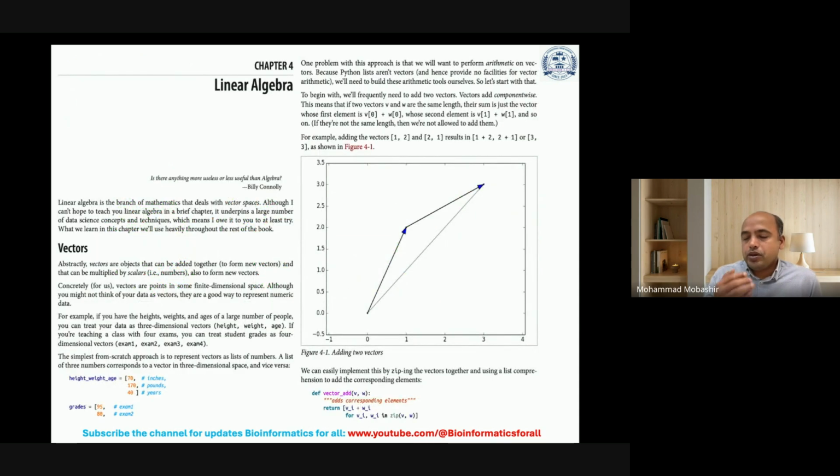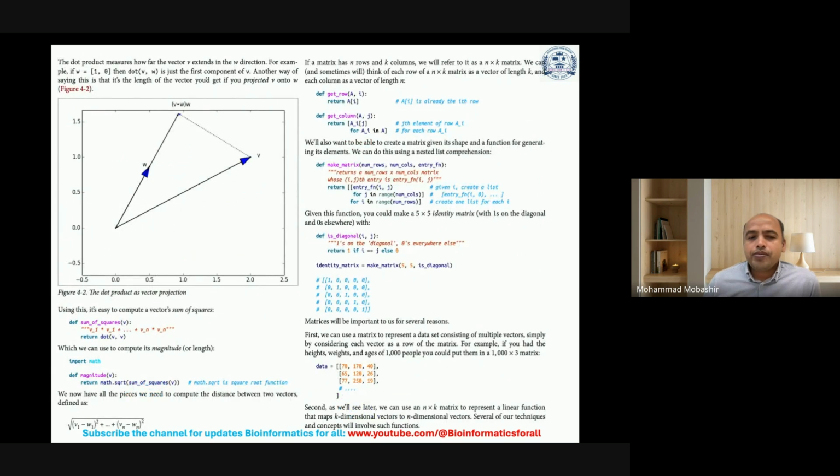Then comes a very important part, mathematics. Here is linear algebra, which is very common and very basic. You just need to understand how to write code for the simplest linear algebra or any kind of mathematical equation. For example, here is one equation.